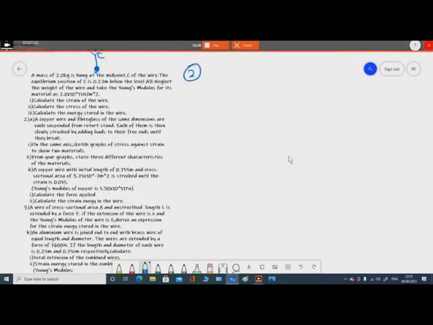A copper wire and fiberglass of the same dimension are each suspended from a retort stand. Each of them is then slowly stretched by adding loads to their free ends until they break. On the same axis, sketch a graph of stress against strain to show the two materials. From the previous question, the question asked for the force extension.